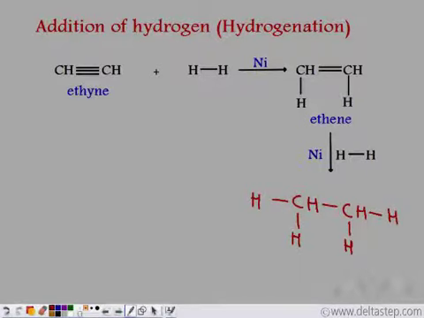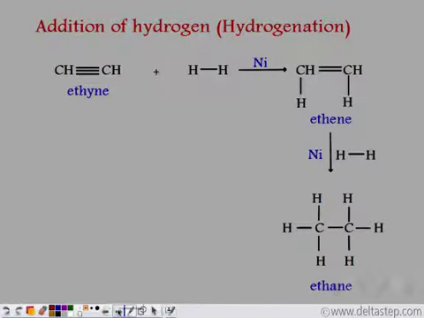So this is C2H6, which is ethane. So from ethyne, that is a triple bonded compound, in the first step we get ethene, which is a double bonded compound, and in the second step, from ethene we get ethane. So in the addition reactions of alkynes, from the unsaturated hydrocarbon, we get the saturated products.